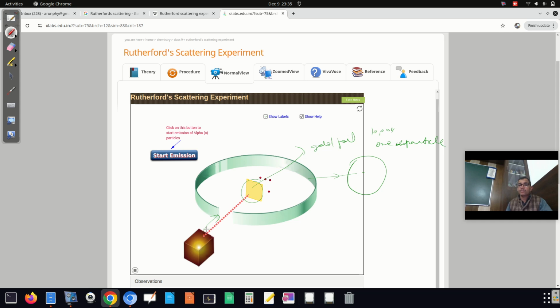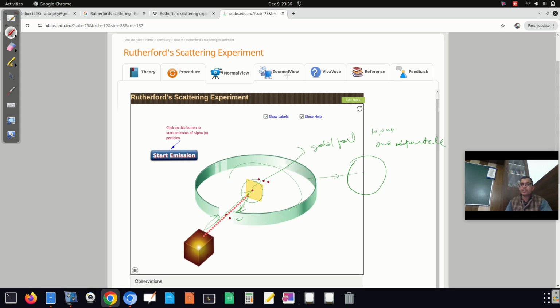Out of 10,000 particles scattered in this direction, only one particle comes back. So the positive charge is concentrated at a region roughly 10,000 times smaller, and that point is known as the nucleus of the atom. So the idea of the nucleus emerged out of this experiment.